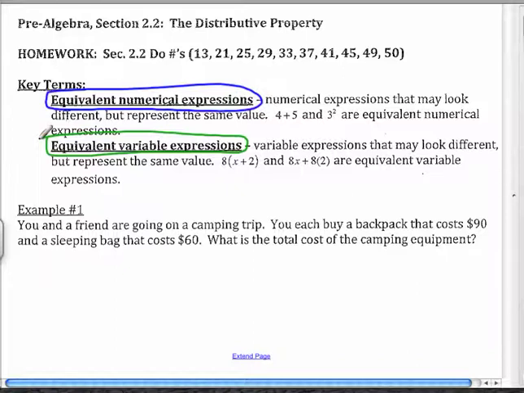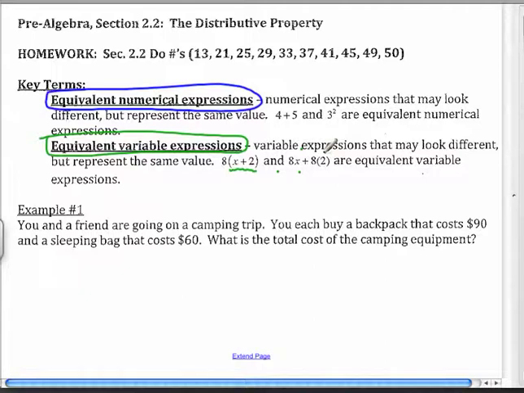So if I look at this first one, 8 times the quantity x plus 2, do you see how that's 8 times the stuff that's inside there? And 8x plus 8 times 2 are equivalent variable expressions. They look different, but they represent the same amount.